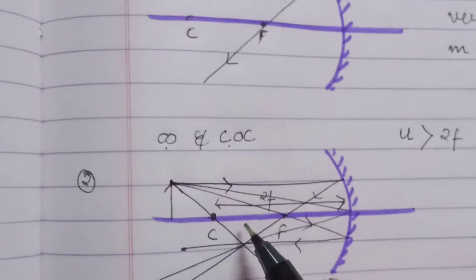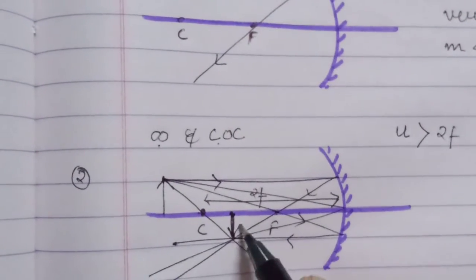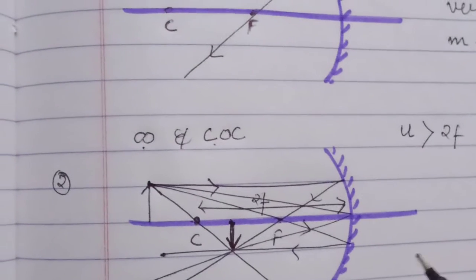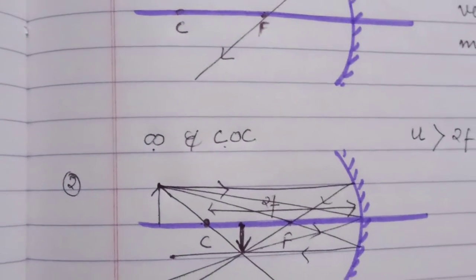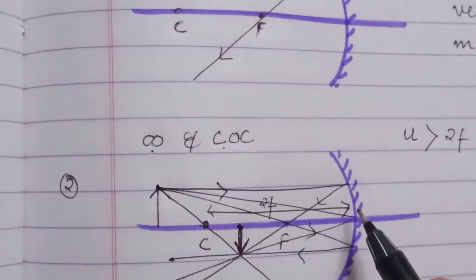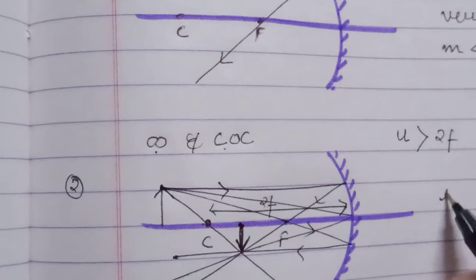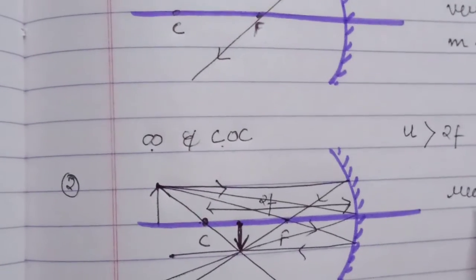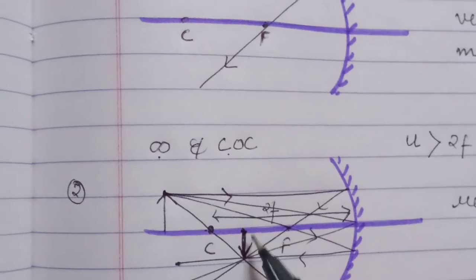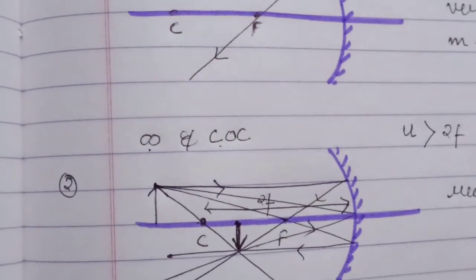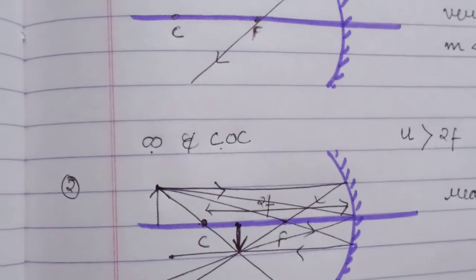so the image is formed here. Okay, the image is on the reflecting side, so real, and below the principal axis, so it is inverted.